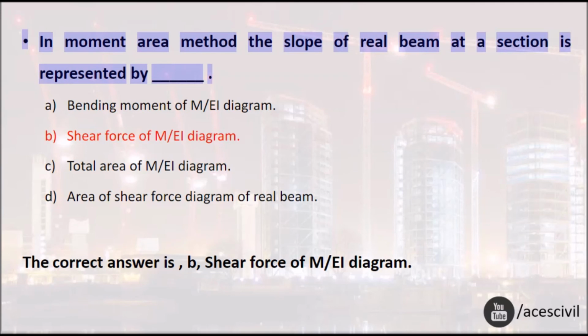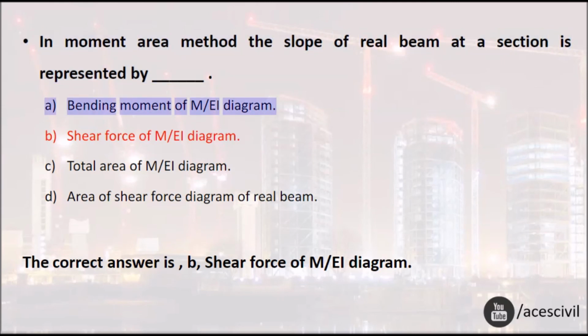In moment area method, the slope of real beam at a section is represented by A. Bending moment of M/EI diagram, B. Shear force of M/EI diagram, C. Total area of M/EI diagram, D. Area of shear force diagram of real beam.